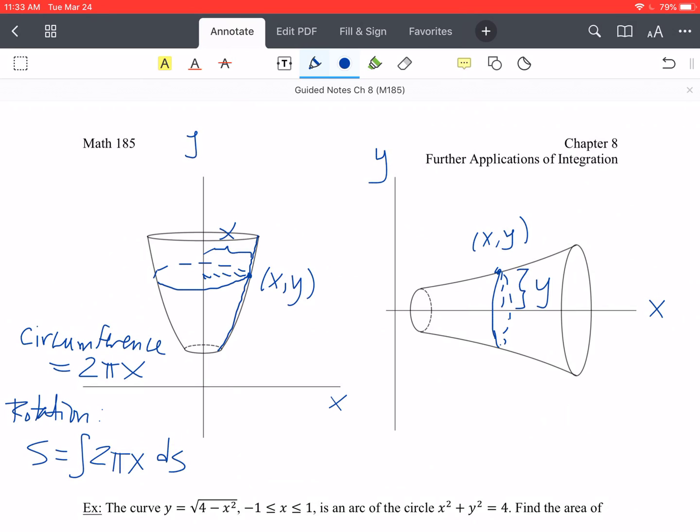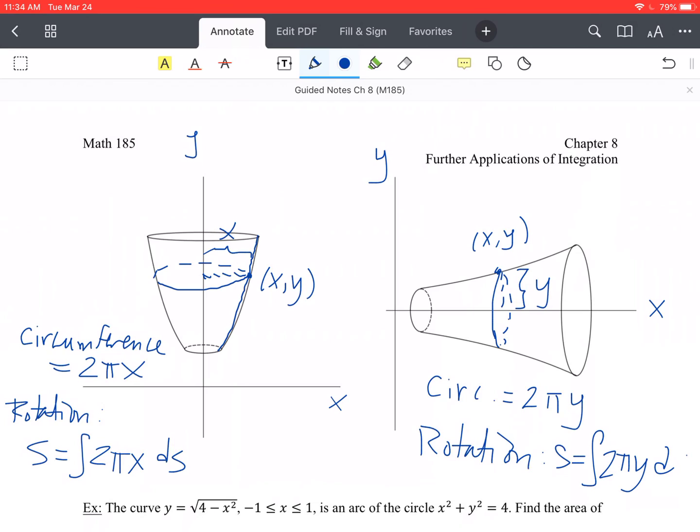That's the y value. So the circumference, 2 pi r, again, is 2 pi y. And then our rotation is going to be s equals the integral of 2 pi y ds. Okay, so this is really what's happening in this situation.